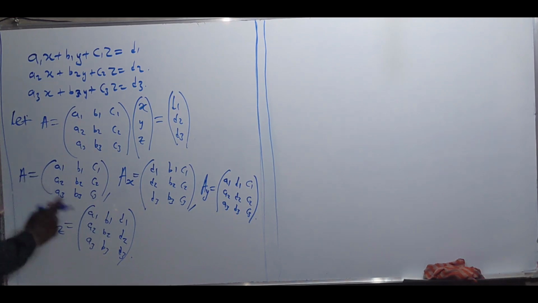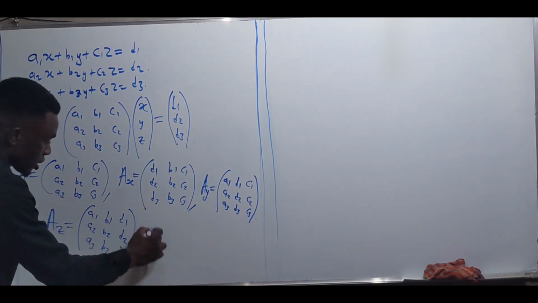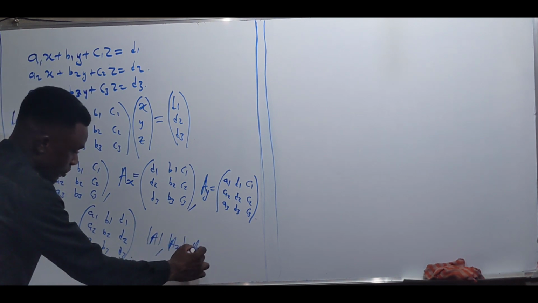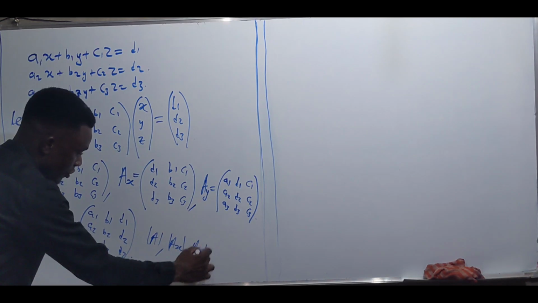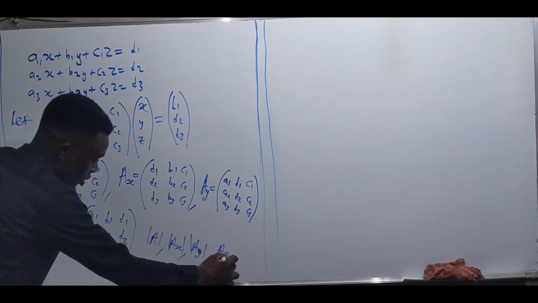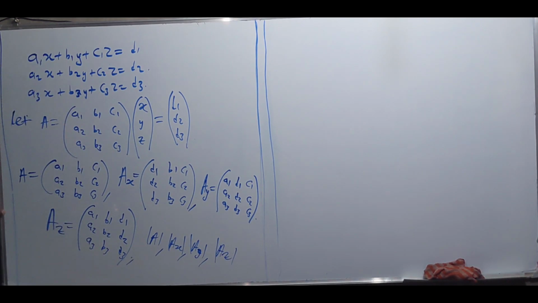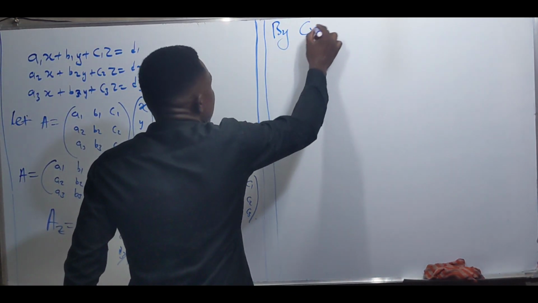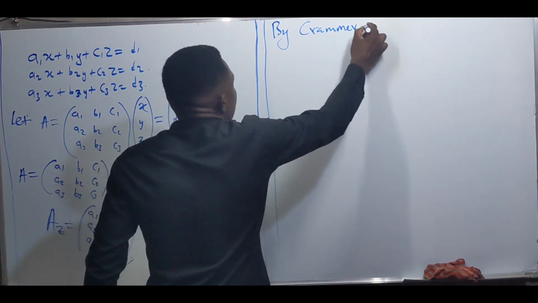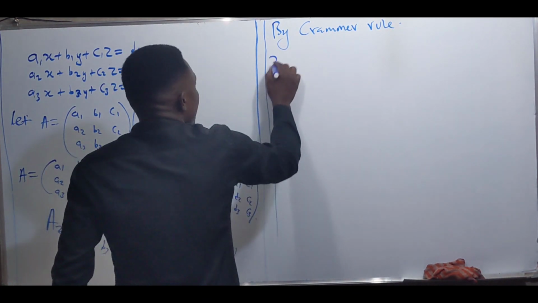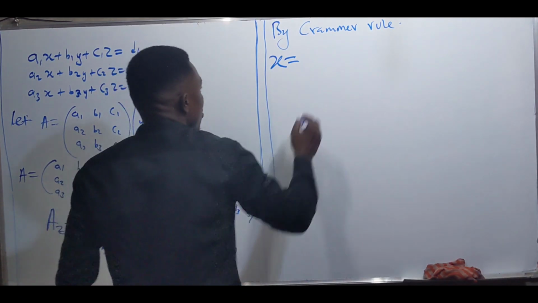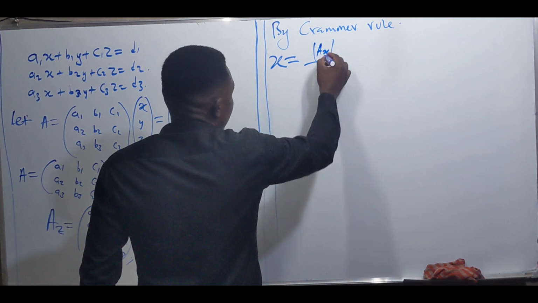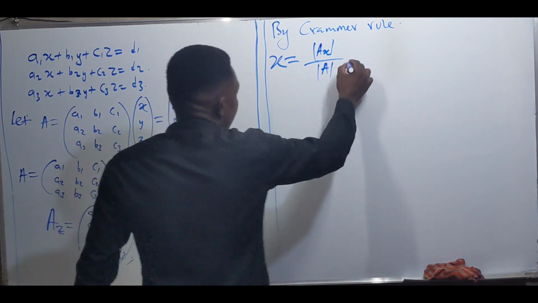Then from here, by Cramer's rule, I'm supposed to find the determinant of matrix A, the determinant with respect to the x values, the determinant with respect to the y values, and the determinant with respect to the z values. Once I find all those determinants, by Cramer's rule, x is equal to the determinant of A with respect to the x values divided by the overall determinant.